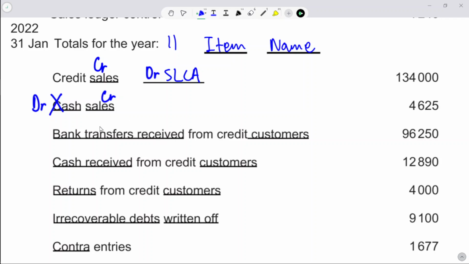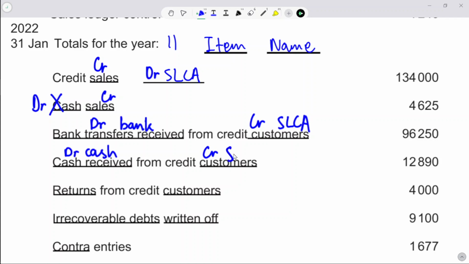Okay. Bank transfer receive money, debit. This one bank. And customer is SLCA. So debit here, credit here. And cash receive, debit cash. So this one debit, this one credit.